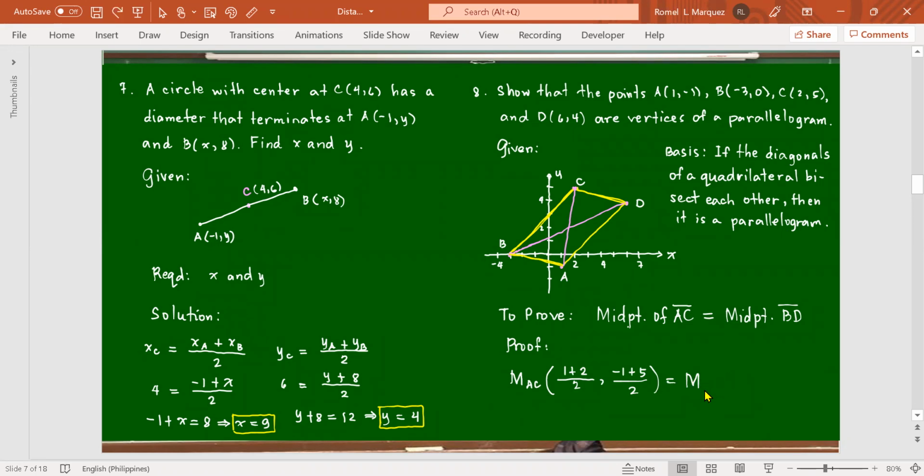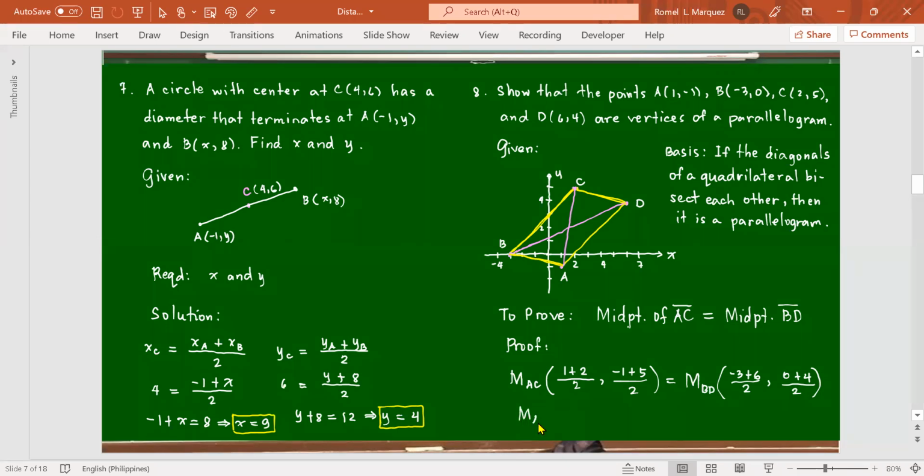What about the midpoint of BD? Let's check. BD: negative 3 plus 6 all over 2, 0 plus 4 all over 2. What is this, guys?